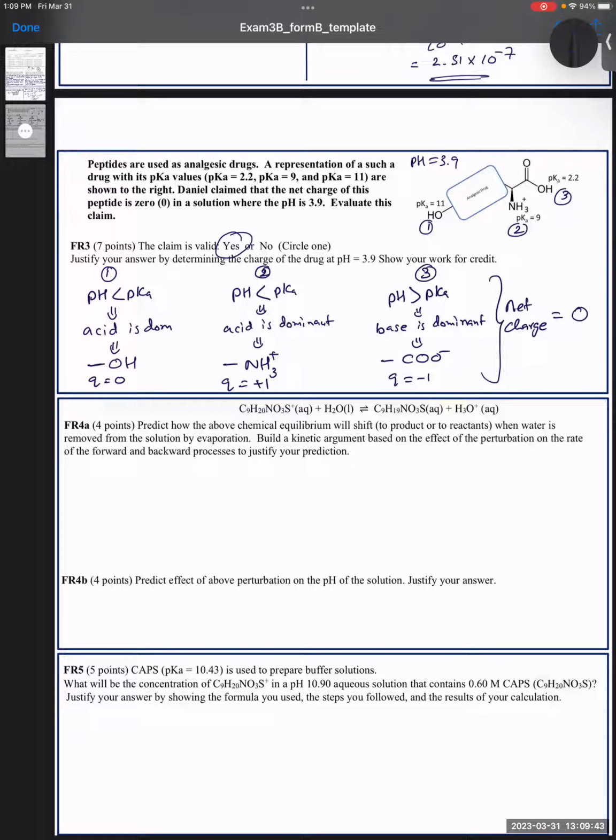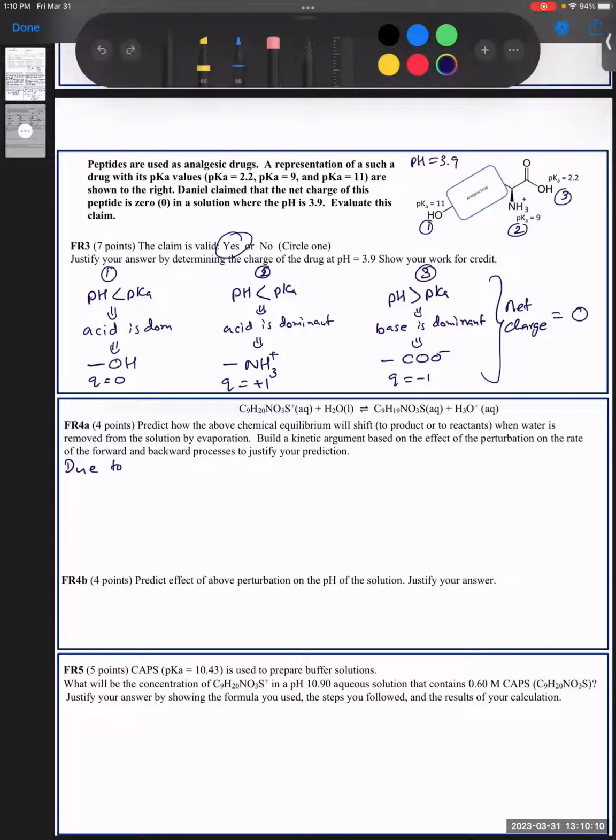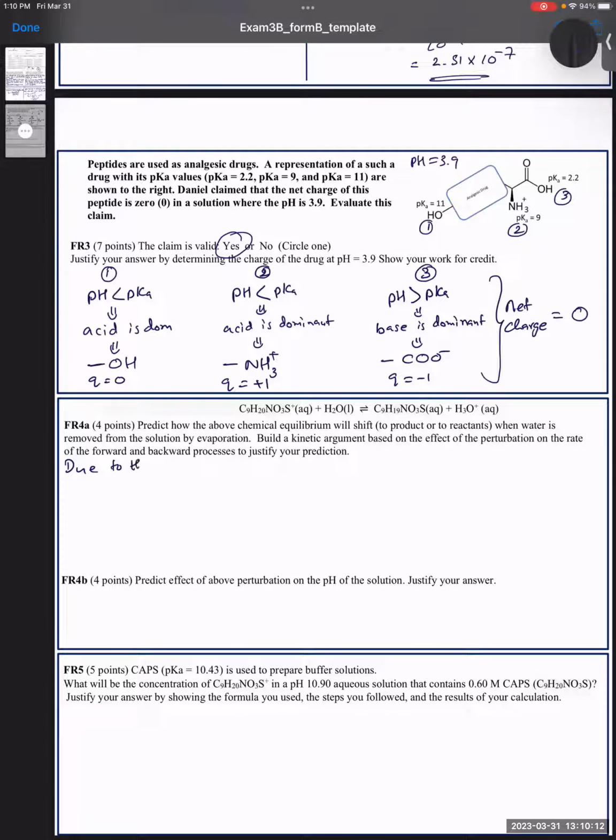Now if you consider the perturbation here, the evaporation, the perturbation causes the aqueous concentrations to go up.